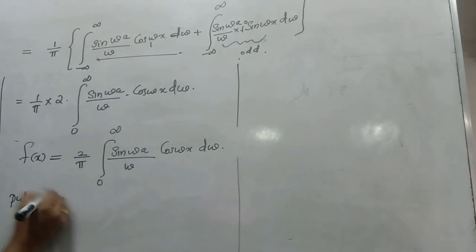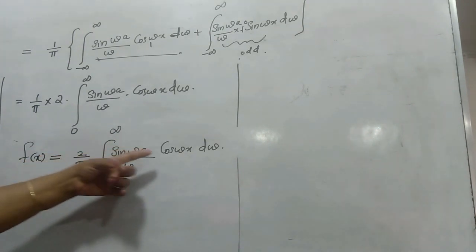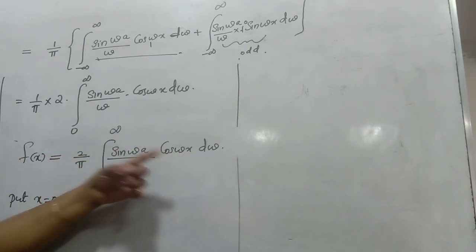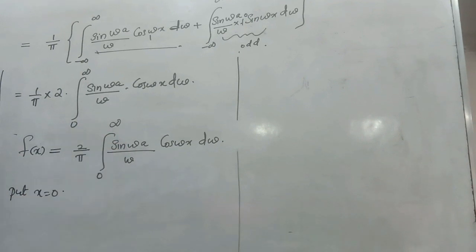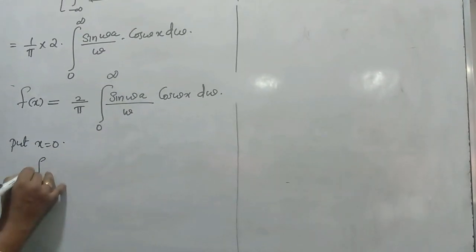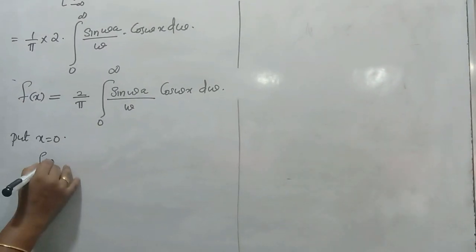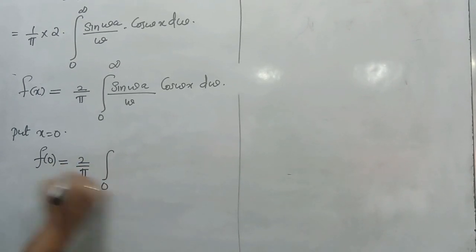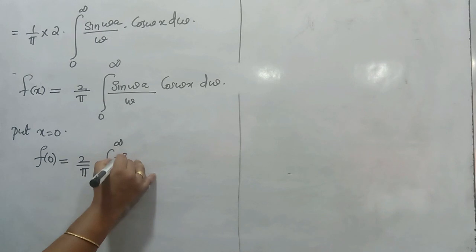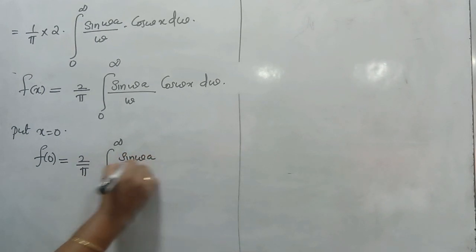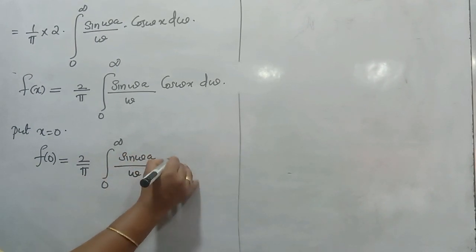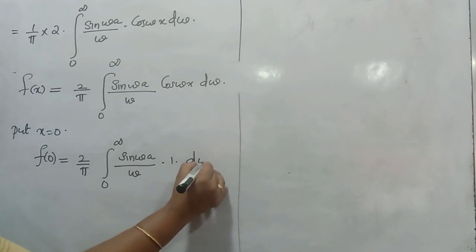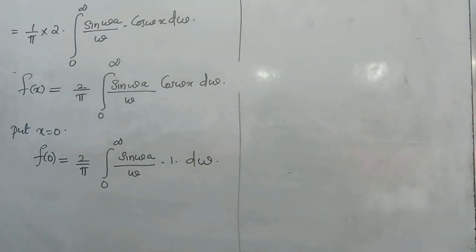What happens? When x is 0, the term cos 0 appears. So cos 0 is 1, and f of 0 equals 2 by pi into the integral from 0 to infinity of sin omega a by omega into 1, since cos 0 is 1, d omega.